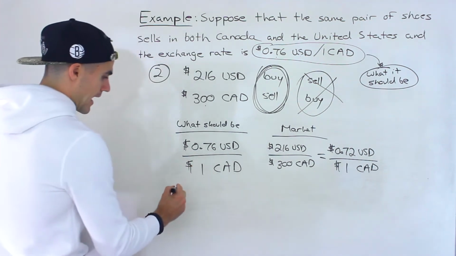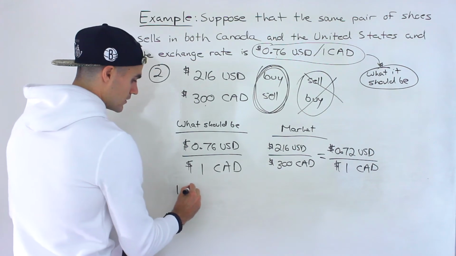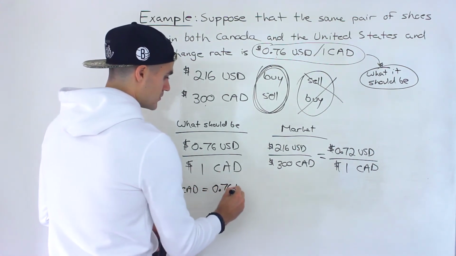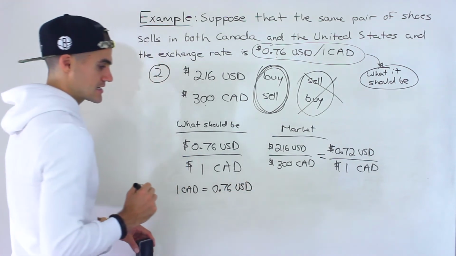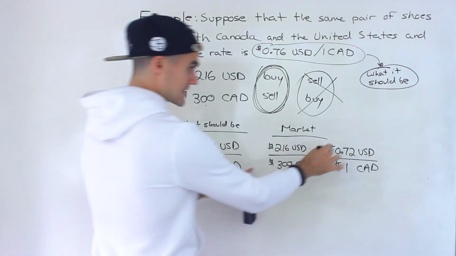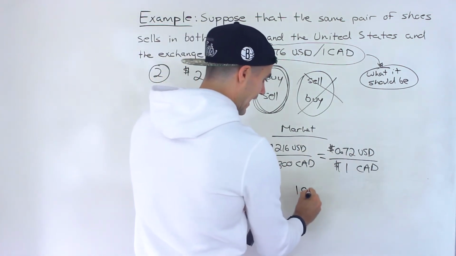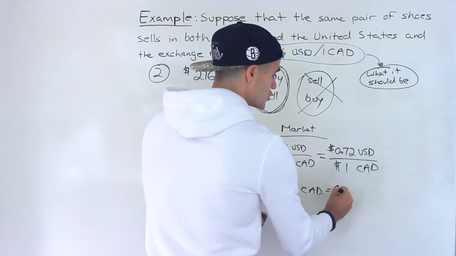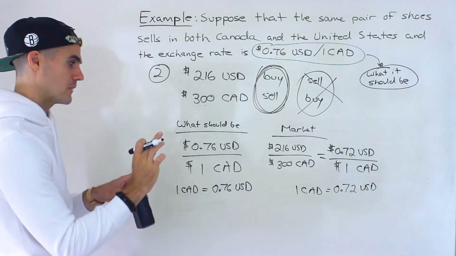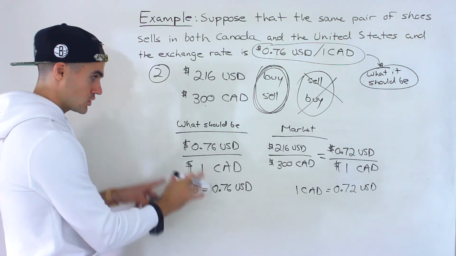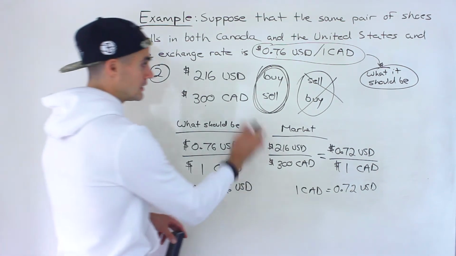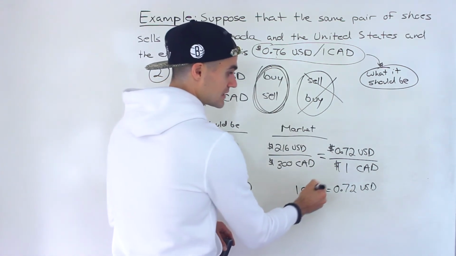And so notice that 1 CAD here should give us 0.76 USD. But based on these prices, what's happening is 1 CAD is giving us 72 cents USD. And so you could intuitively think about it. Here, what should happen is 1 CAD should give us 76 cents, but really, it's giving us currently 72 cents.